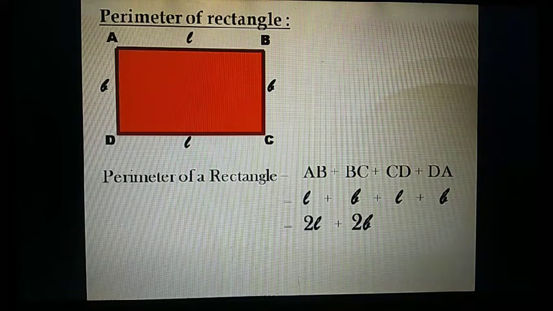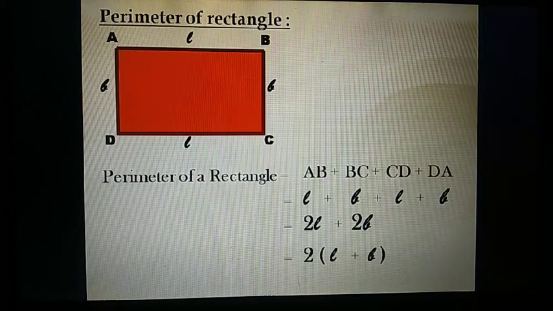As both the terms have 2 in common, we can write it once and the leftover is L plus B, which we will write in brackets. This is the final formula of perimeter of a rectangle using variables L and B. L for length, B for breadth.